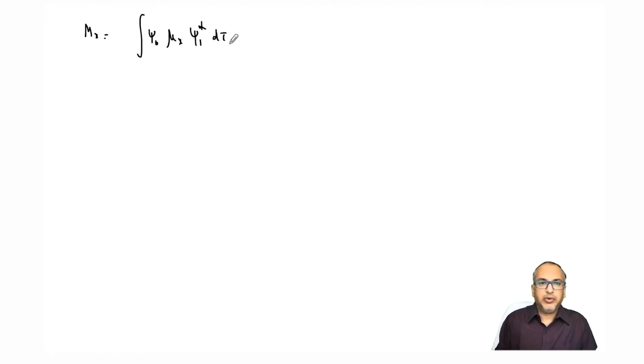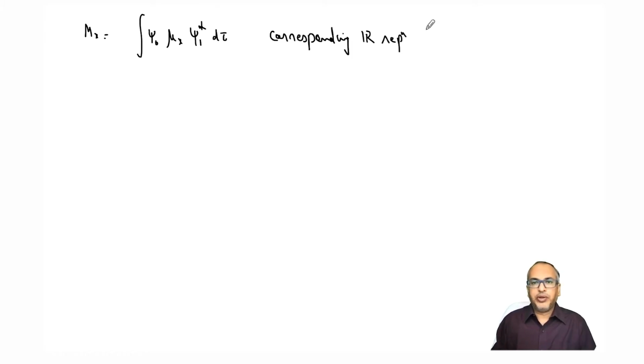Now when I say this integral, let's say I'm talking about Mx, psi 0 mu x psi 1 star d tau. If you remember the direct product applications, I need to know the corresponding IR representation for psi 0, mu x, y, z, and psi 1, right?